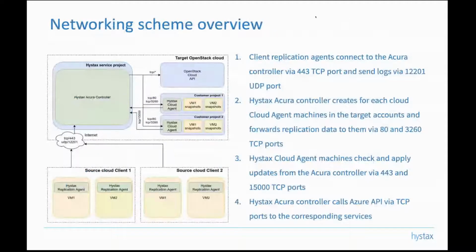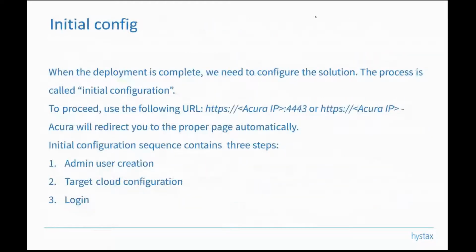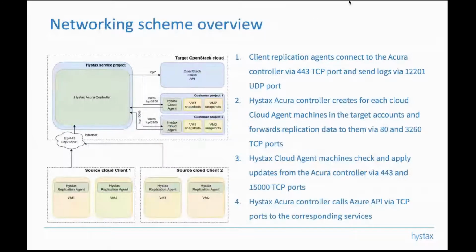A couple of words about networking. We've already mentioned it a little bit, so I'm going to talk more deeply about the interaction between the services. Client replication agents connect to the Acura controller via TCP port 443 and send the logs via UDP port 12201.